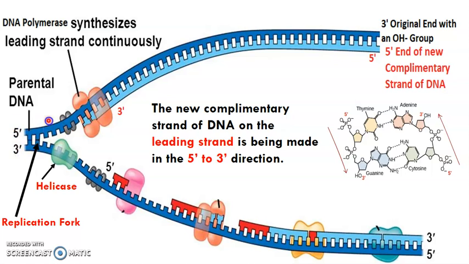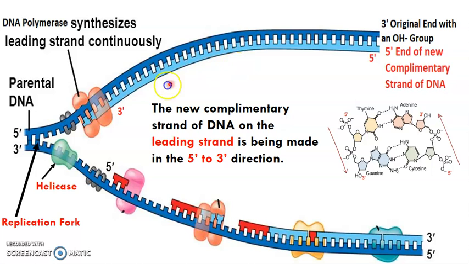So here is my original double helix. Here is helicase that's moving towards our left, unzipping the DNA into two template strands. So the original strands over here would be the dark blue. Now, if I follow my laser pointer over here to the edge of the original 3' direction, and we're going to call this the leading strand, the 3' end, as I mentioned on the last slide, has an OH group.